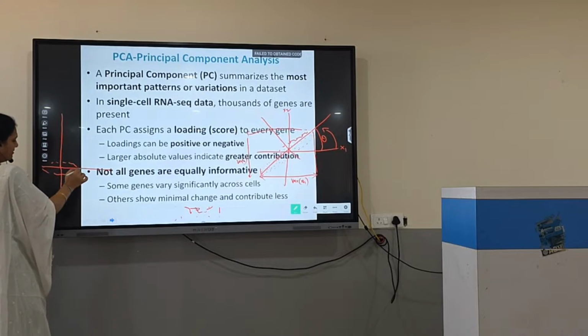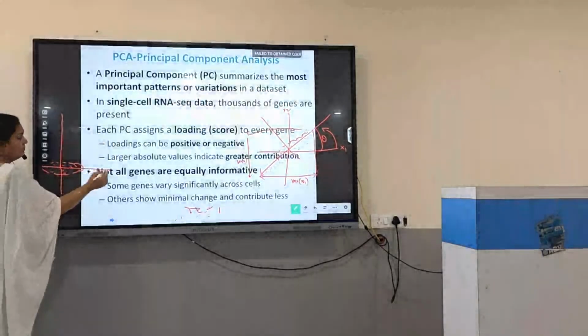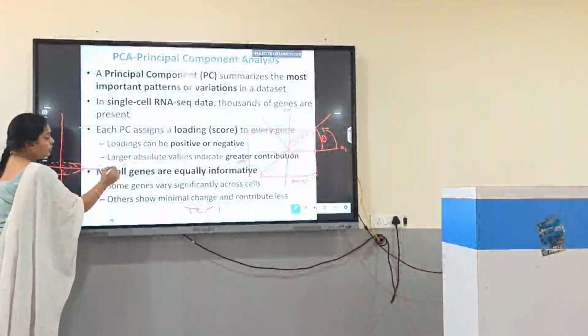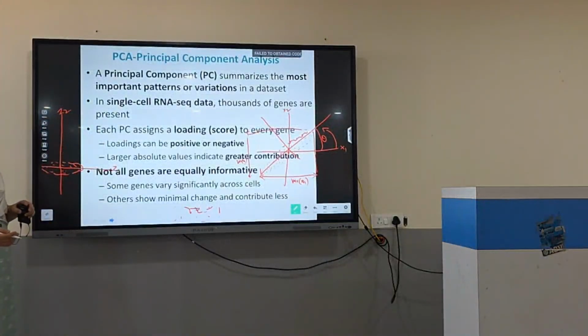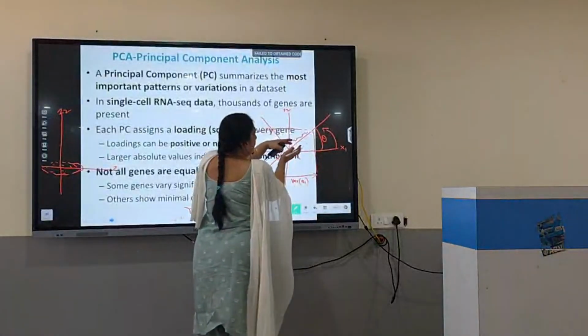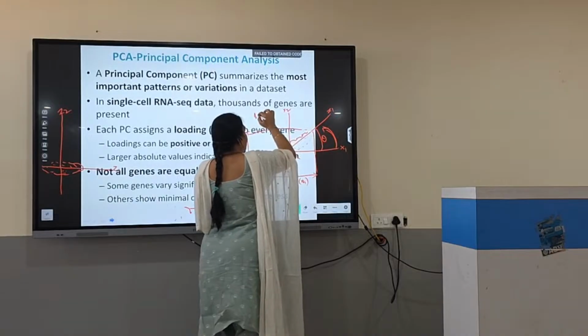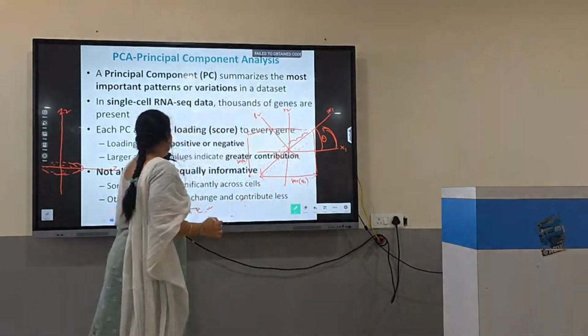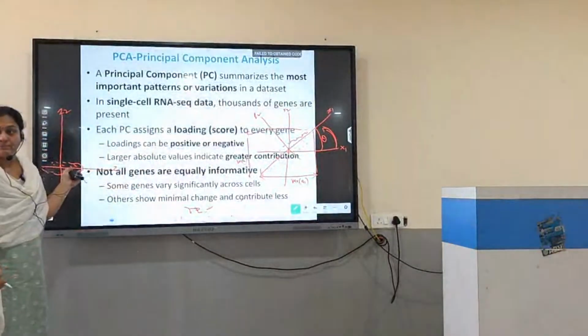If I transform, this will be your new Z1, Z2. Just imagine, I am transforming x1 into your Z1, and this is your Z2. If I draw my Z1 and Z2 in 2D, all the data points will come in this way.